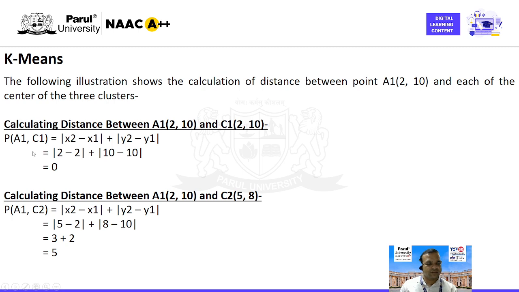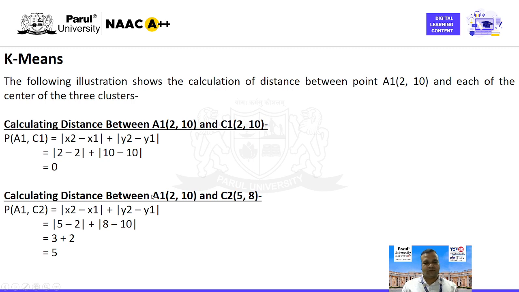Now we calculate the distance from point A1 to C1, using the formula: the distance is the mode of x2 minus x1 plus the mode of y2 minus y1. Put all these values and we get the result 0, because both are the same.